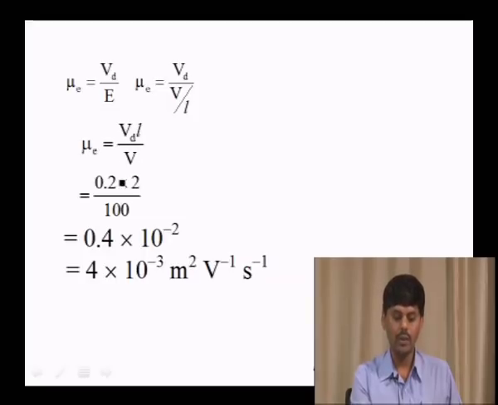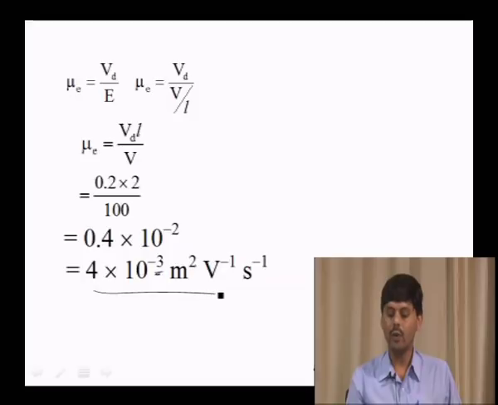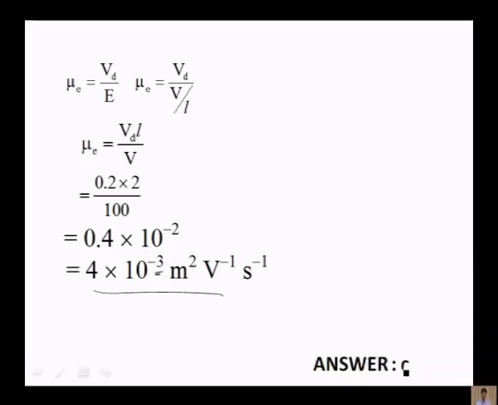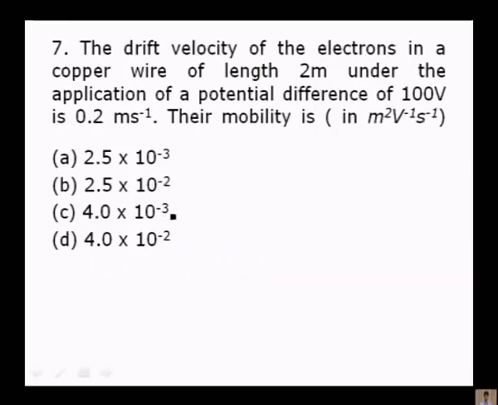Substituting the values, Vd is 0.2 meter per second, length is 2 meter and the potential is 100 volts. 0.2 into 2 is equal to 0.4, divided by 100. 100 can be written as 10 power 2, and when it goes up it becomes minus 2. If you shift 4 to this side, it becomes 10 power minus 3. Therefore, the correct answer for this question is C.